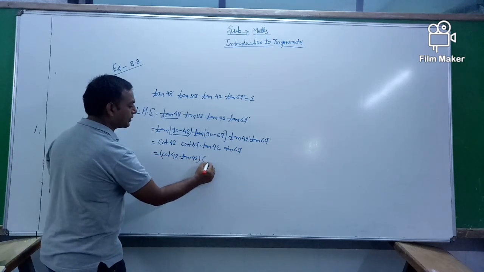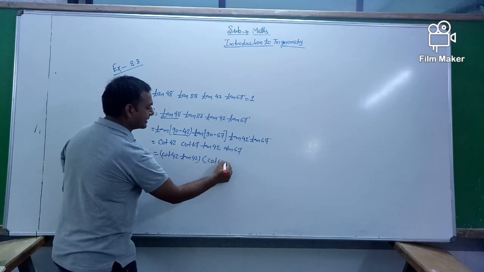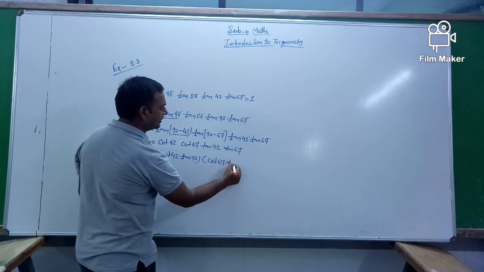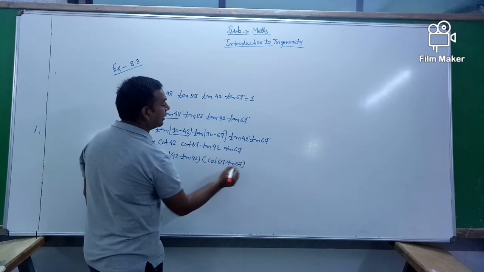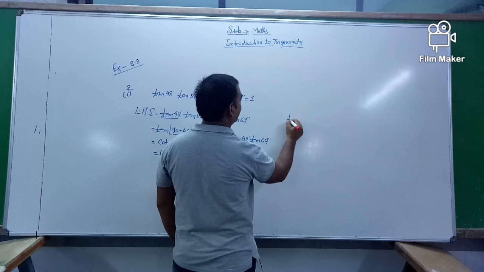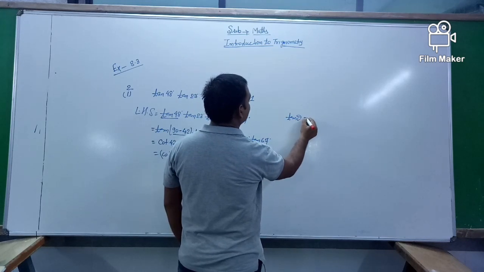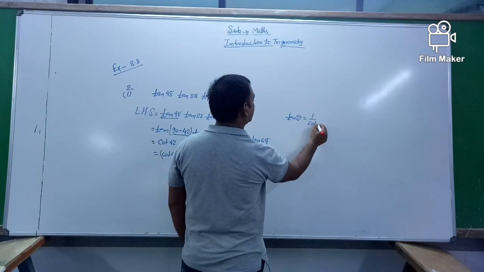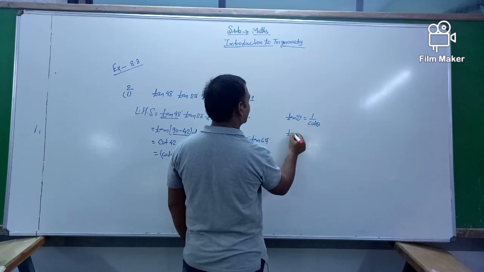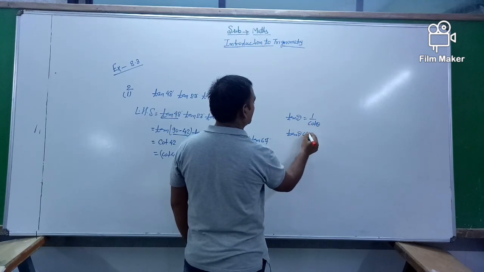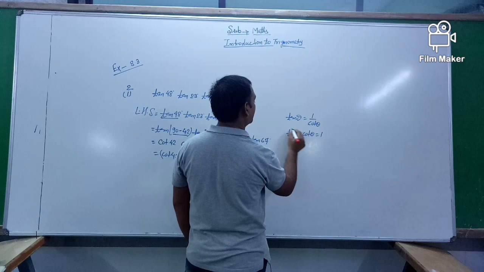Another bracket, cot 67 to tan 67. All of you know that tan theta is equal to 1 upon cot theta, so tan theta into cot theta is equal to 1.